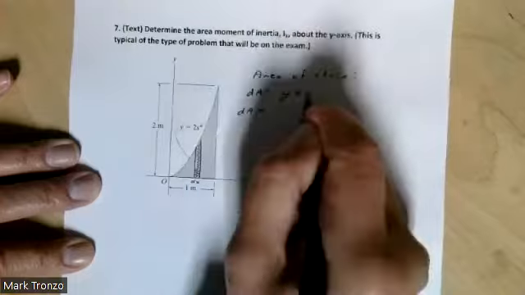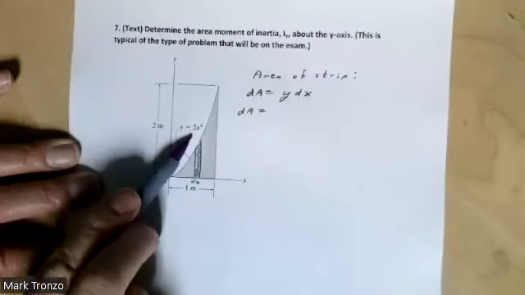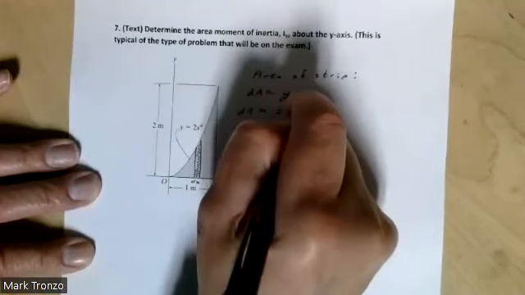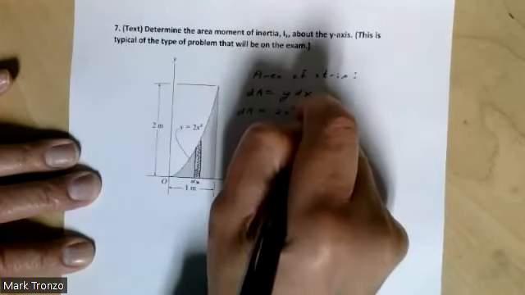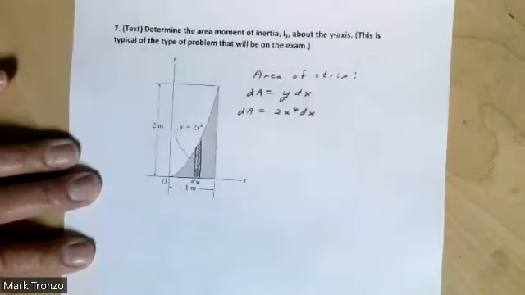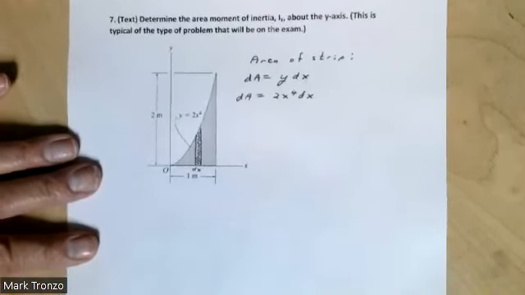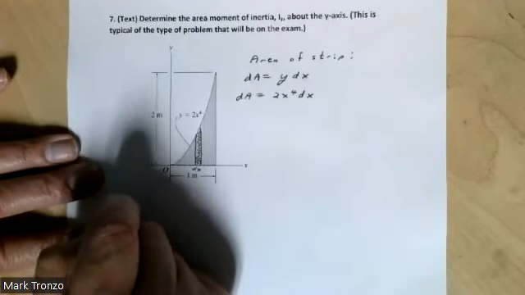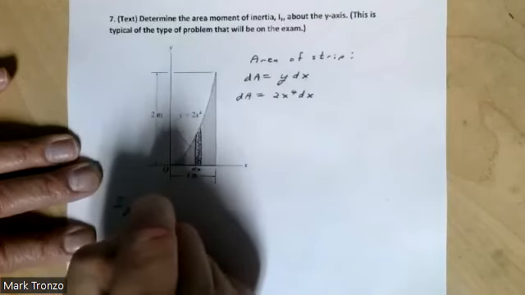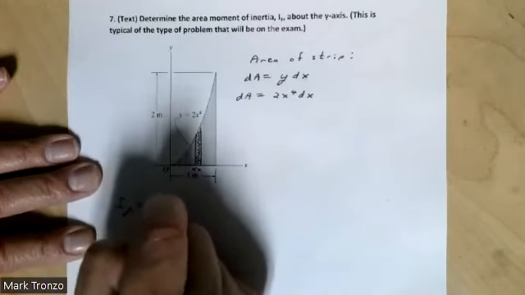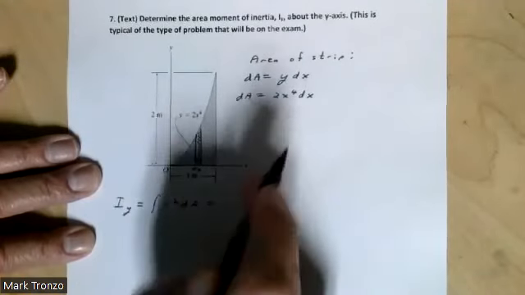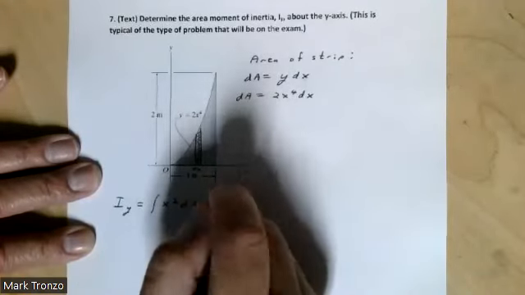But again, because we have dx, we want everything in terms of x. So we want to replace y with what it is equal to. And just as before, Iy is going to be equal to x squared dA. So just put our dA in here.